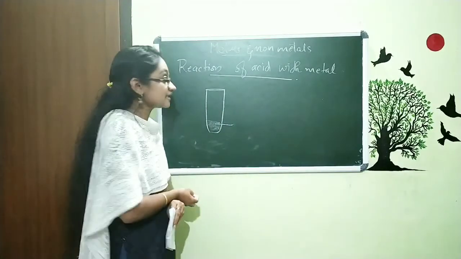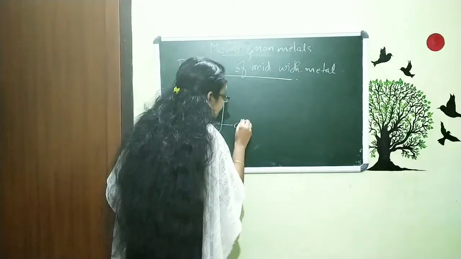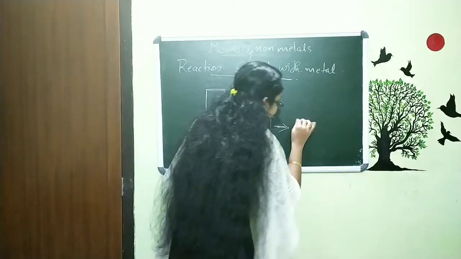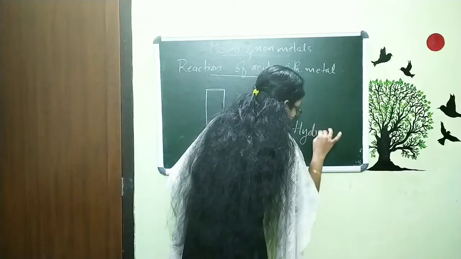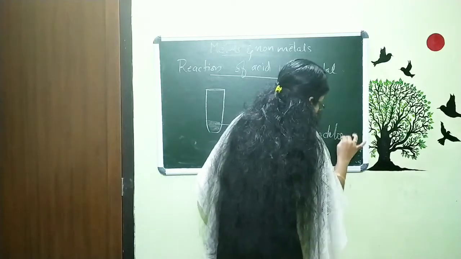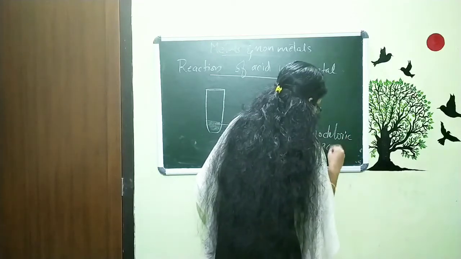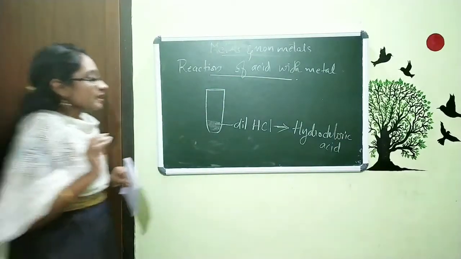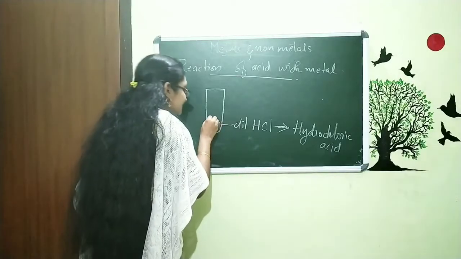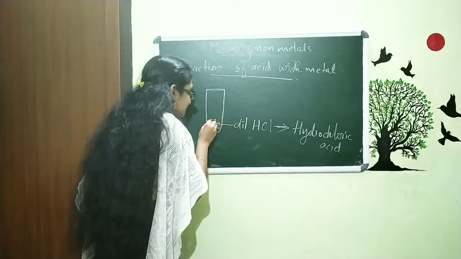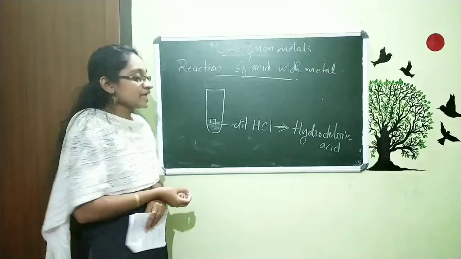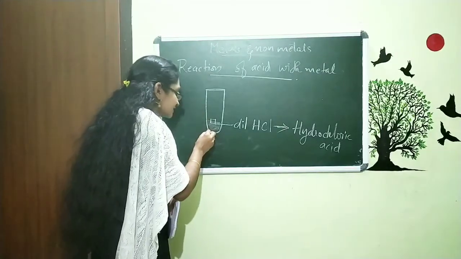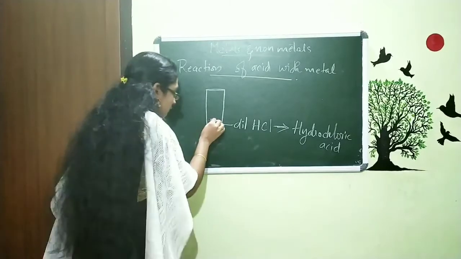First of all, I am collecting dilute HCl. HCl means hydrochloric acid. Hydrochloric acid, HCl. And after that, I am just putting one piece of metal in this. And observe what reaction takes place in this test tube. That is the thing we are going to do.